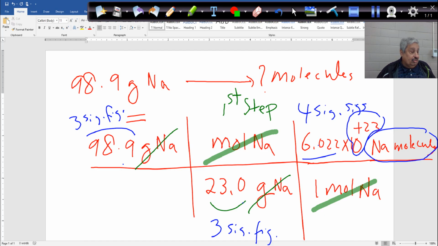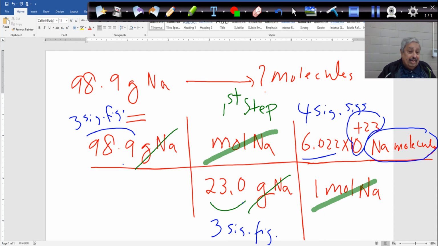Now let me show you something that students have made and will make with the calculator. That's a big issue with the calculator. The power 23, I will isolate by itself and ignore it for the time being.